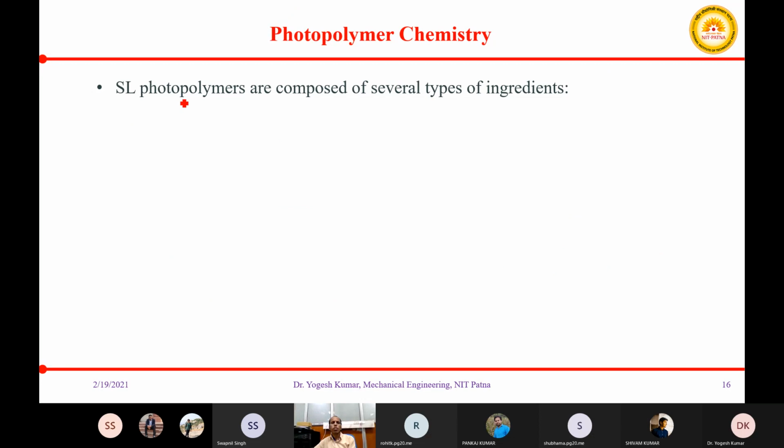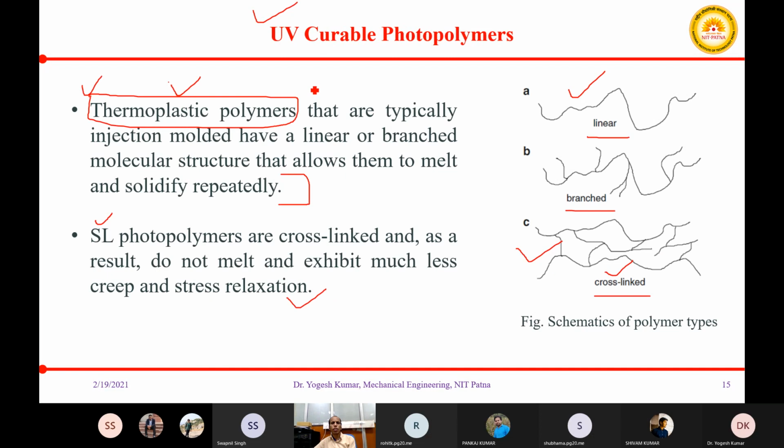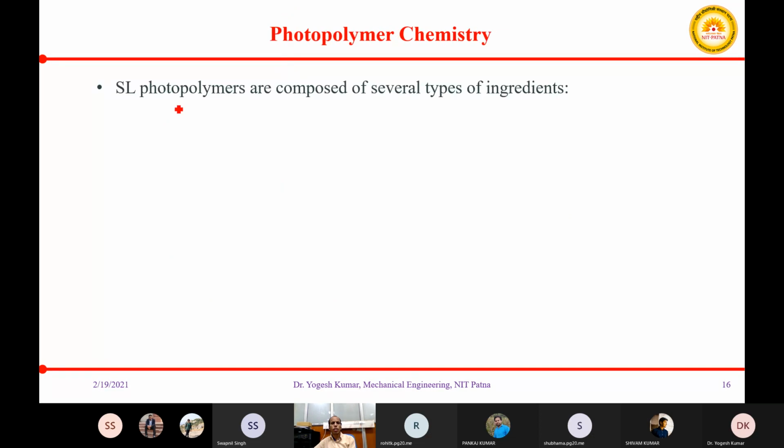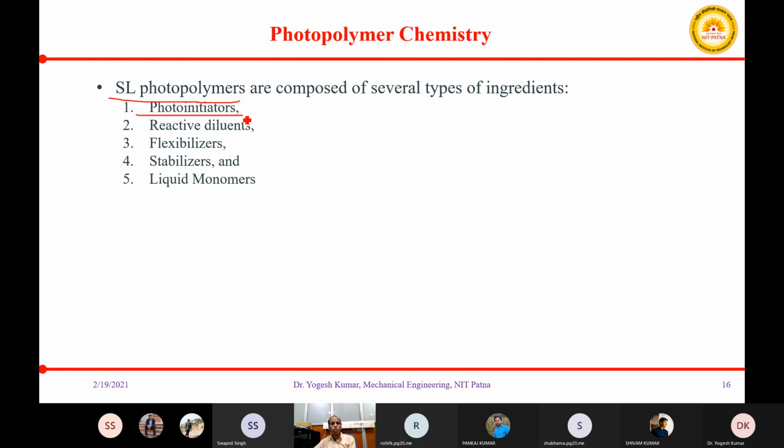Talking more about your SL photopolymers, the main ingredients are photoinitiator, reactive diluent, flexibilizers, stabilizers, and liquid monomers.